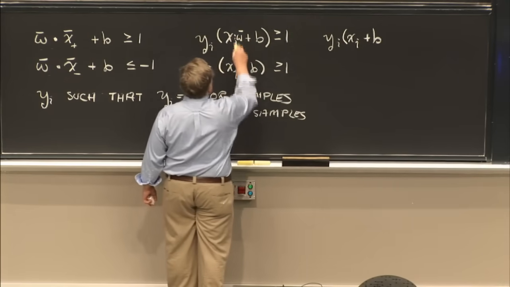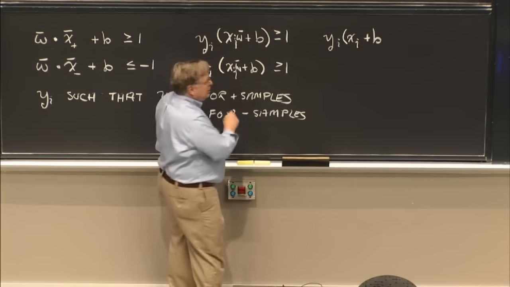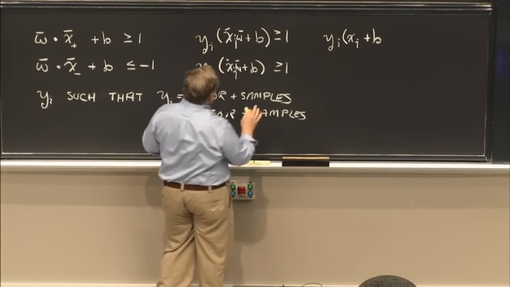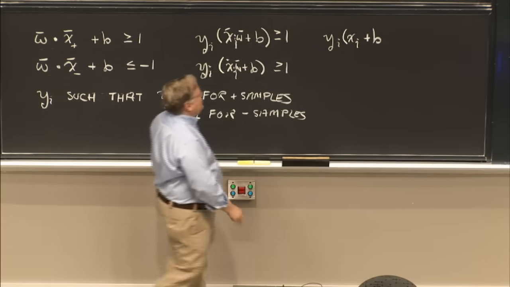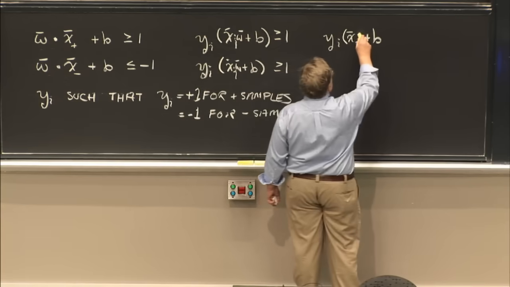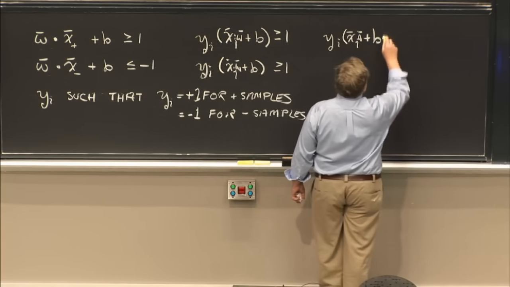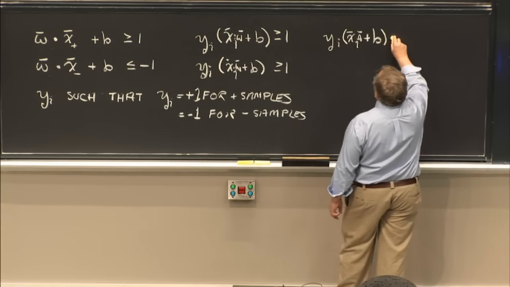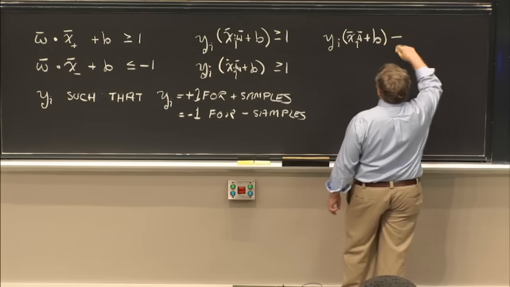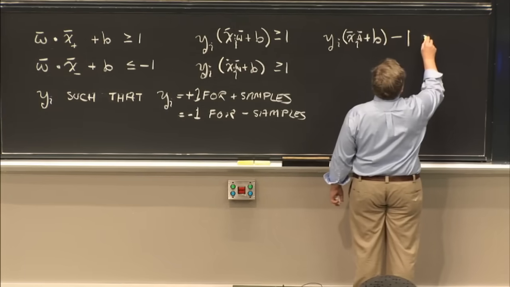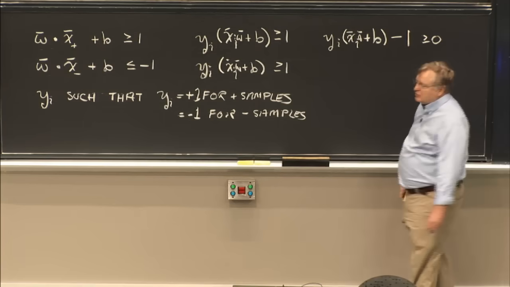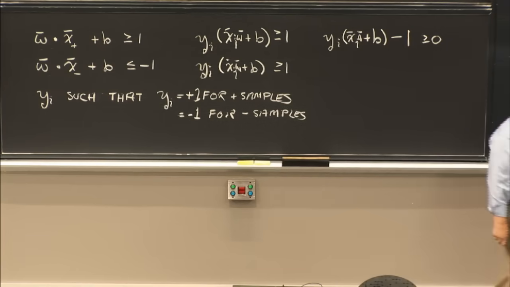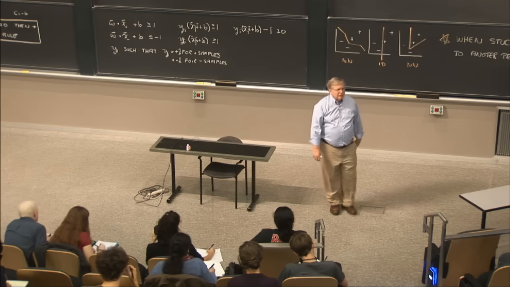So that's x sub i dotted with w. Thank you, Brett. Those are all vectors. I'll pretty soon forget to put the little vector marks on there, but you know what I mean. So that's x sub i dotted with w plus b. And now let me bring that 1 over to the left side, and that's equal to or greater than 0. All right, now, with Brett's correction, I think everything's okay.